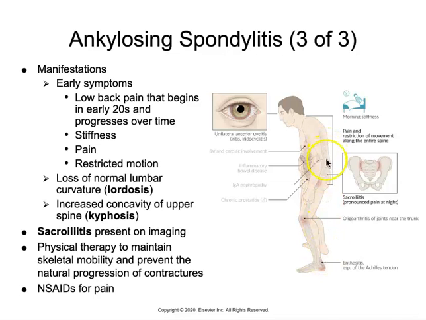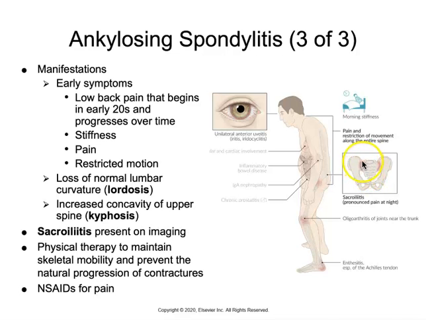So we can see a lordosis, meaning we have loss of normal lumbar curvature here in the low back. And then we can also see kyphosis develop, an increased concavity of the upper spine. So we get more of this forward flexed spine position that you see this individual in here.